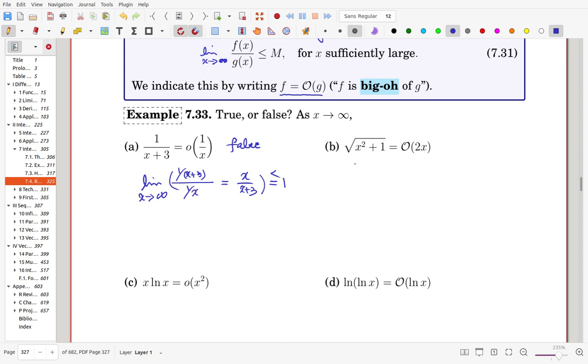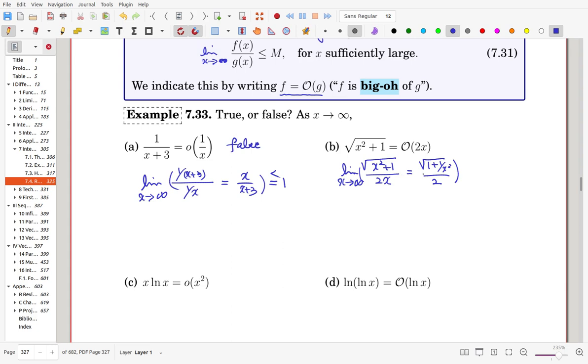Now part B, and again, the same limit as x approaches infinity, and the square root of x squared plus 1 over 2x. If we divide by x, top and bottom, it can be written as the square root of 1 plus 1 over x squared, over 2.